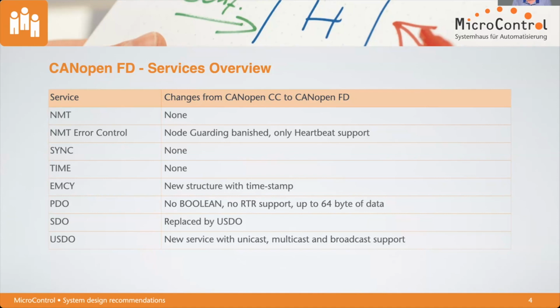So that's the good news again. For PDO, we have no RTR support because CAN FD supports no RTR anymore. We have now up to 64 bytes of data, which gives us more data throughput, and we have no Boolean values anymore. SDOs don't exist anymore.